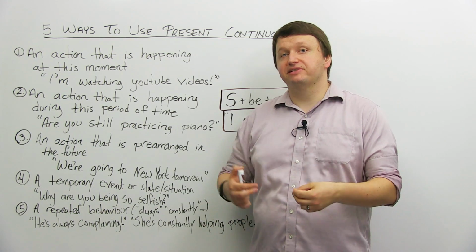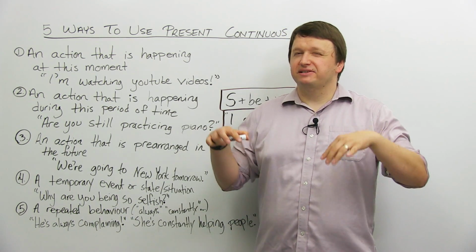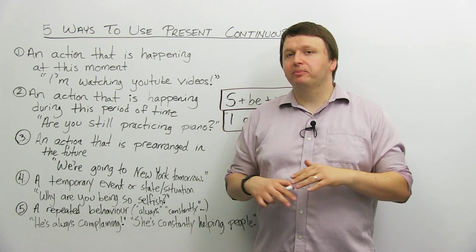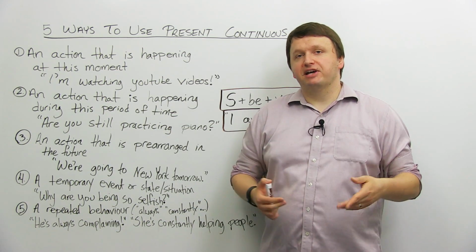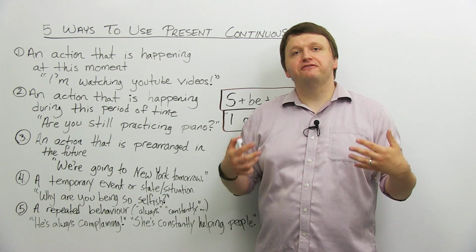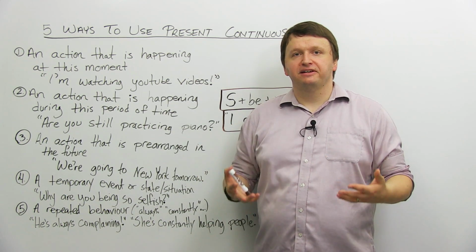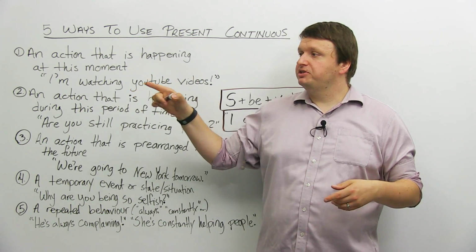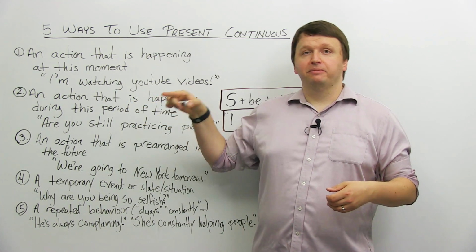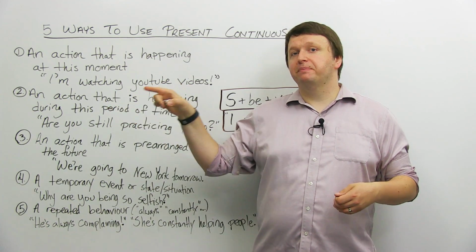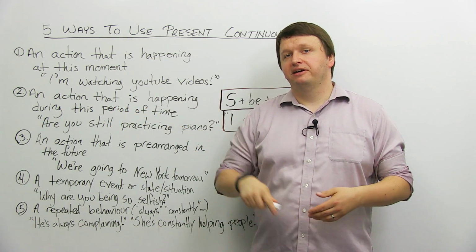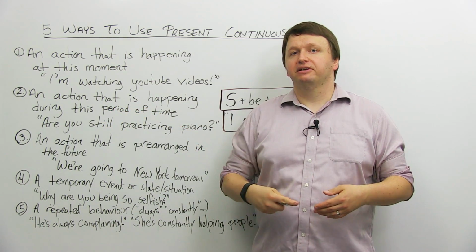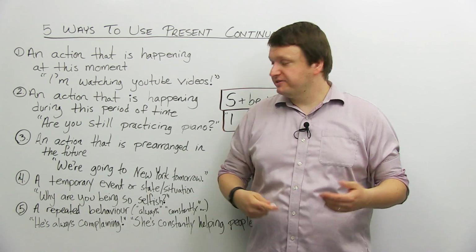You are being selfish in the moment, and it's temporary, and maybe normally you are not selfish. Another example is, if you are in a band and you say, oh, normally Jack plays guitar, but today he's playing the bass. Now again, normally he plays the guitar. Today, temporarily, he is playing the bass.